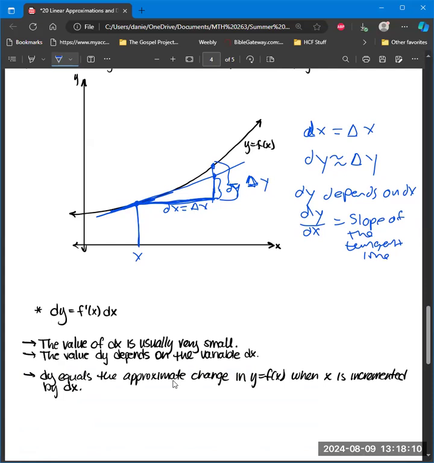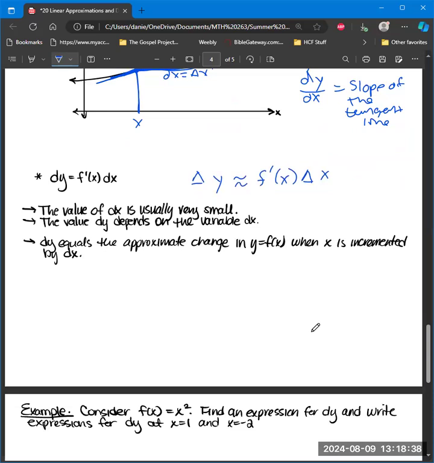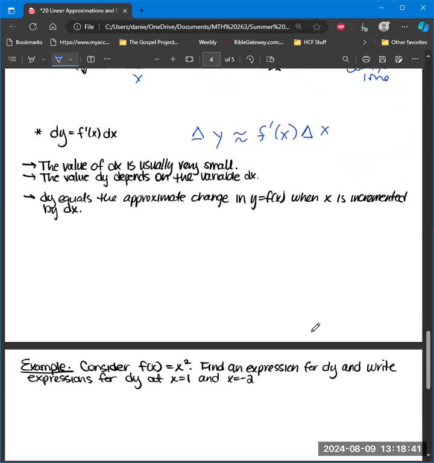It is a rate of change, but we're going to multiply both sides by dx, and we're going to use the equation dy is equal to f prime of x dx, and then we're going to say that delta y is approximately f prime of x delta x. The value of dx is usually very small. This is what we call an infinitesimal.